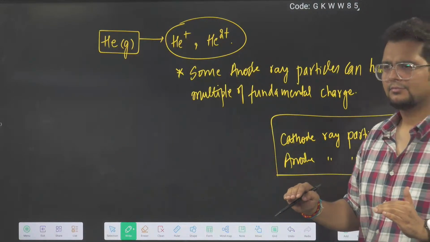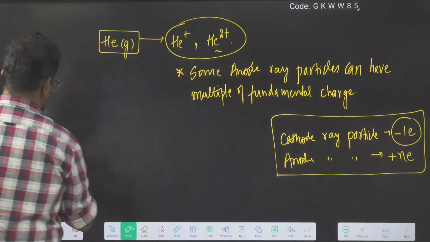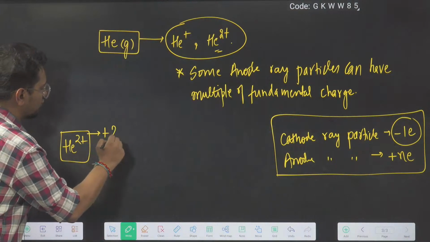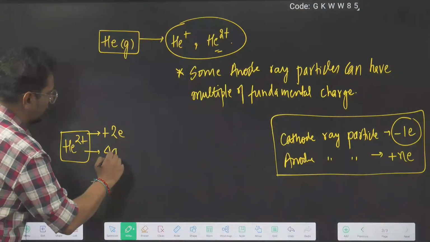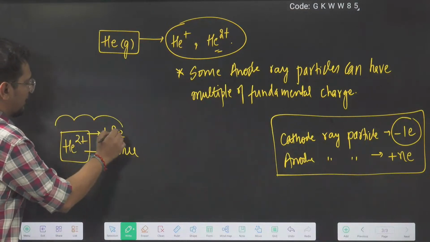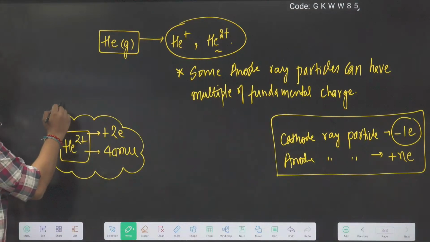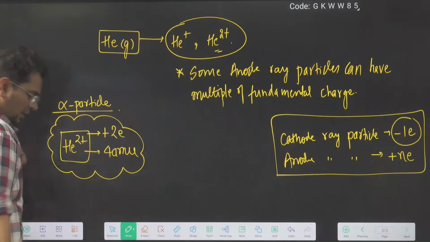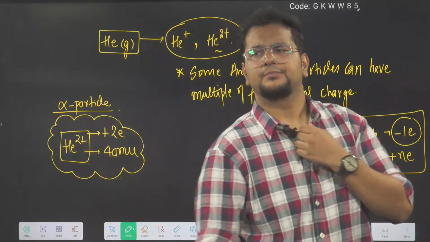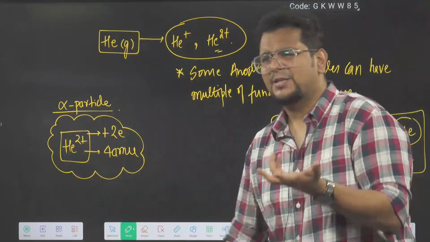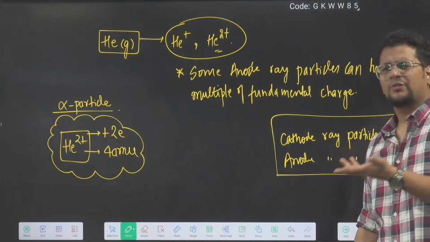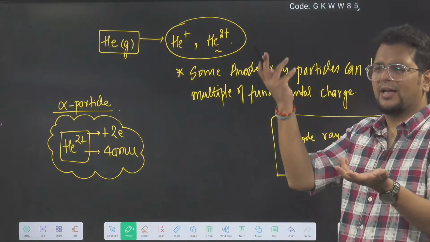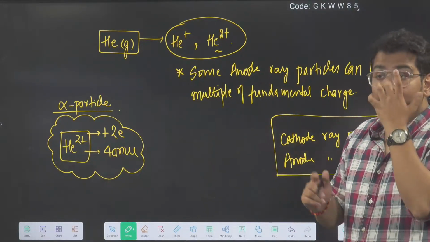This He2 plus has a charge of +2e and mass of 4 AMU. This, my favorite, is called alpha particle. Proton, you know, is H plus. Neutron, we say N. Electron, we represent with E with a negative sign.